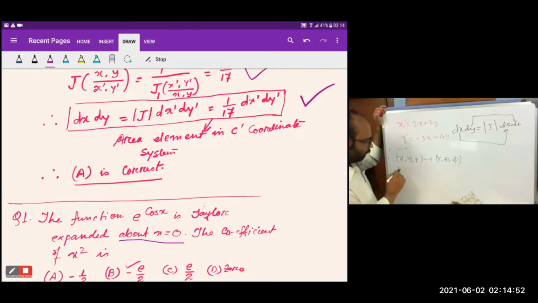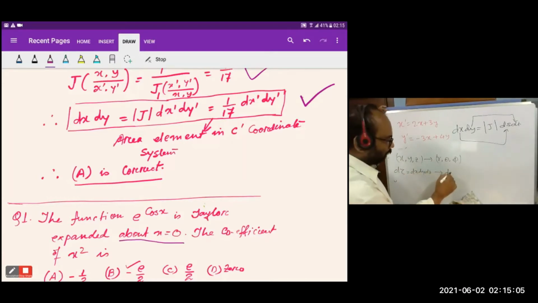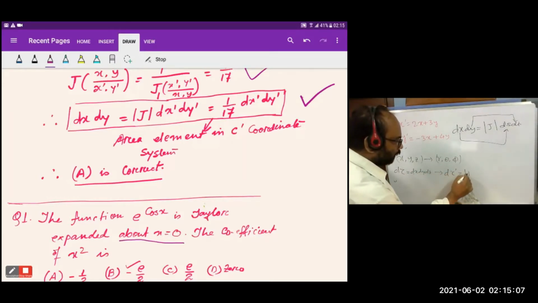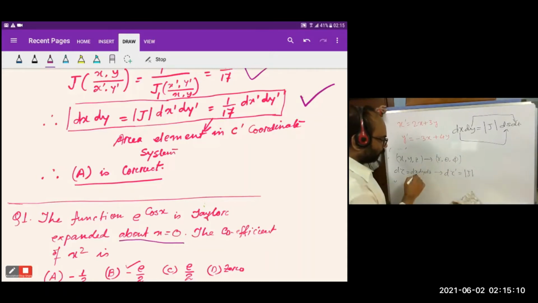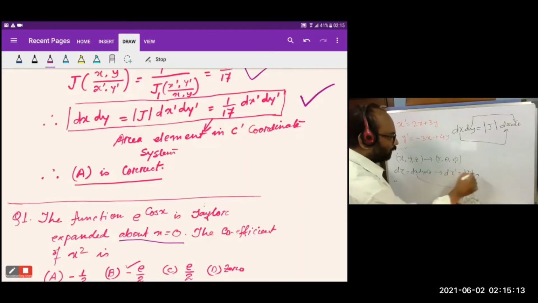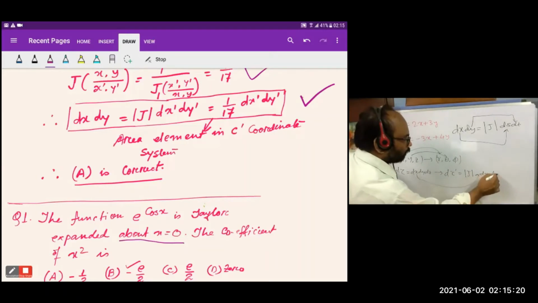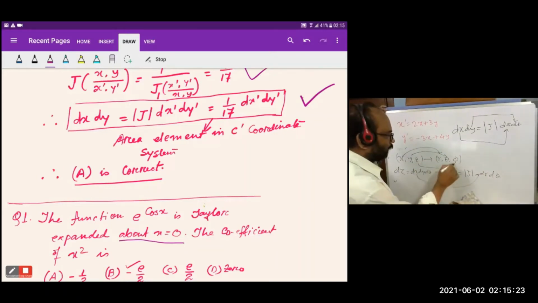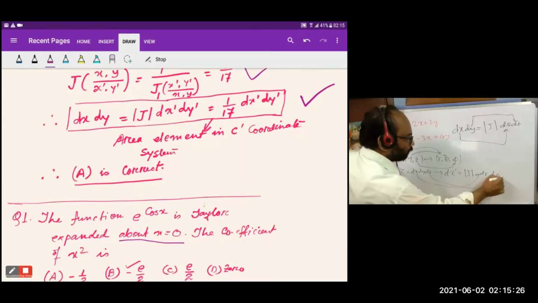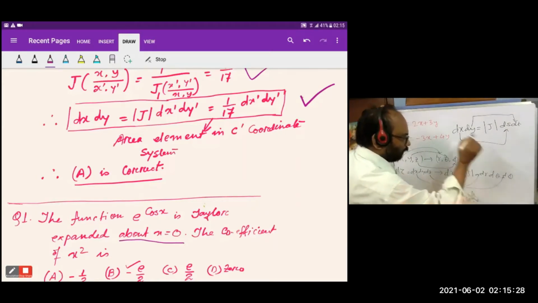So if my volume element d tau in x, y, z coordinate system is dx dy dz, then it will be Jacobian J times dr d theta d phi, with del x by del r, del y by del theta, del z by del phi.